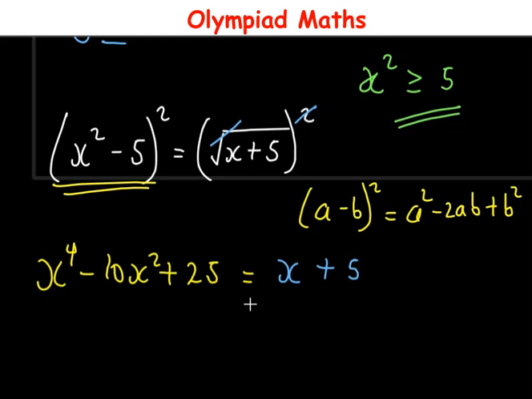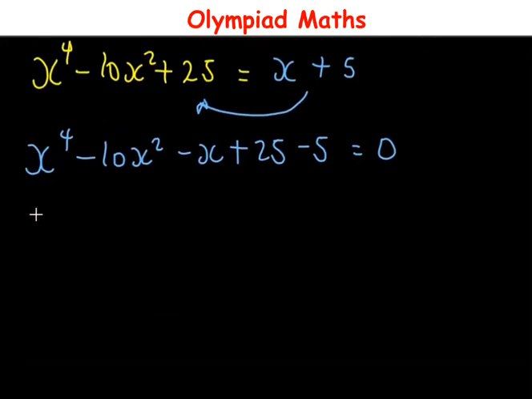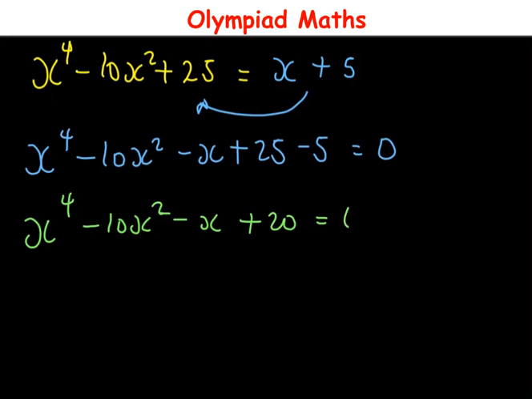So with this, move x plus 5 over to this other side. We have x raised to power 4, then minus 10x squared, then minus x plus 25, then minus 5. This equals 0. So from here, we have x raised to power 4 minus 10x squared minus x plus 25 minus 5, the value equals plus 20, and this equals 0.